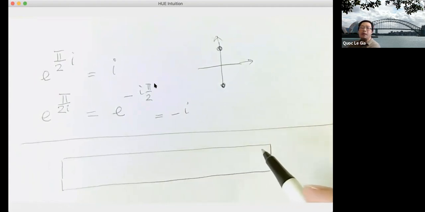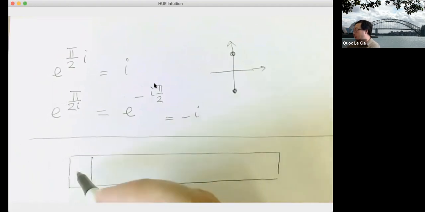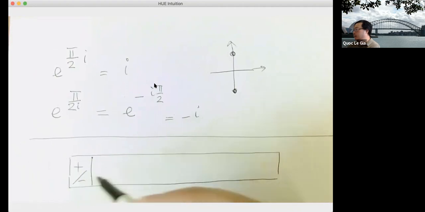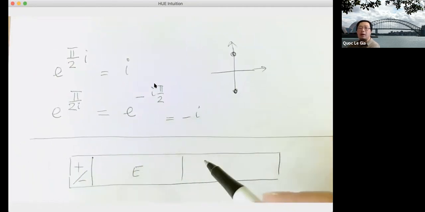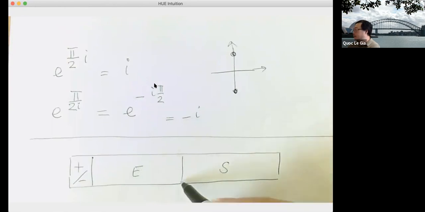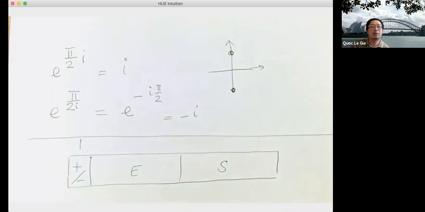But remember, in the floating point system, we have a plus and a minus sign for the first bit, yeah? And you have the exponent, okay? And then you have the significand, yeah? Okay, so any question?